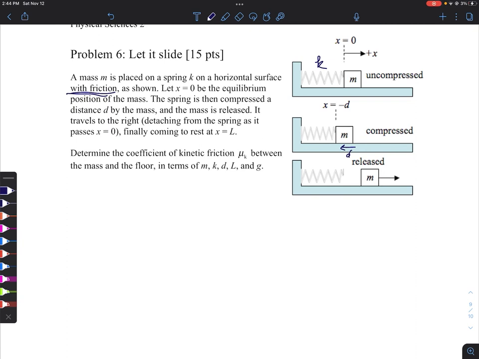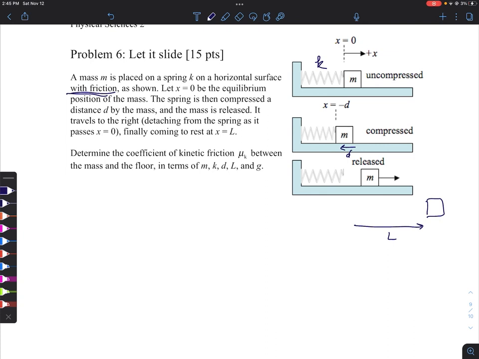It travels to the right, detaching from the spring as it passes x equals 0, and finally comes to rest somewhere over here, a distance L from x equals 0. Determine the coefficient of kinetic friction mu_k between the mass and the floor in terms of m, k, d, L, and g.